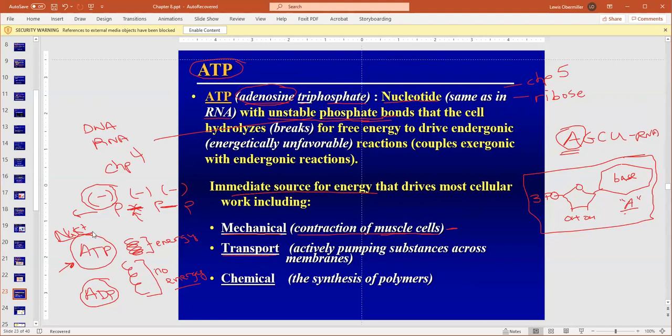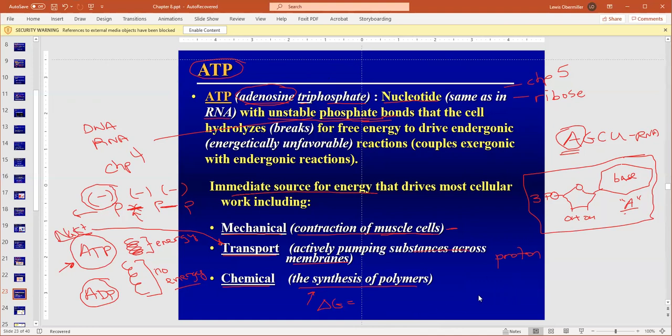Transport, so we talked about the sodium potassium pump. We can use a change of shape to move things across a membrane. We also talked about the proton pump. So that's another example. And then we can use it to do chemical reactions. And we're going to cover that in 1 second, but by adding a phosphate, we can change the delta G of a molecule, right?